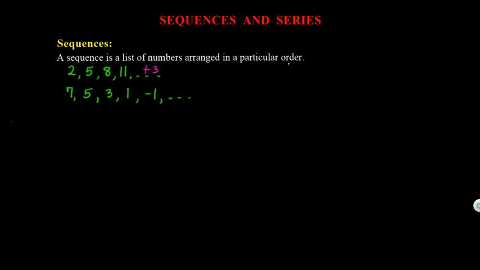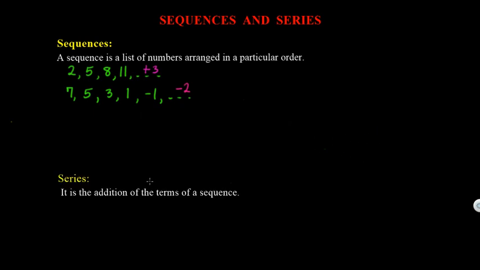By virtue of this, we can see that each number is gotten by subtracting 2 from the number before it. So that is -2. Because it follows a definite pattern, we call it a sequence, the list of numbers that follows a particular arrangement. Then what do we call a series?